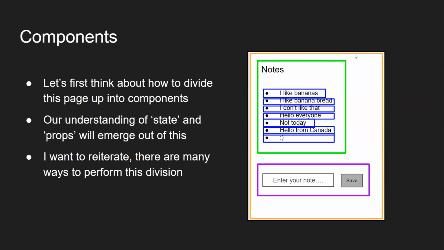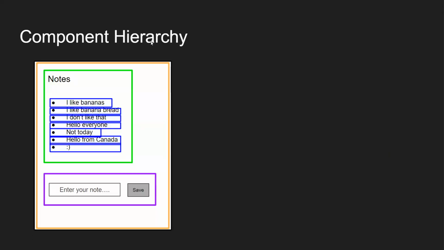Now this will become more clear in the next slide, because what I'm going to do is turn this into a hierarchy. This is pretty standard in React. We'll think about how to break things up, and components don't exist independently, but usually have relationships with each other. Remember when we did HTML, CSS, a div might have things inside of it.